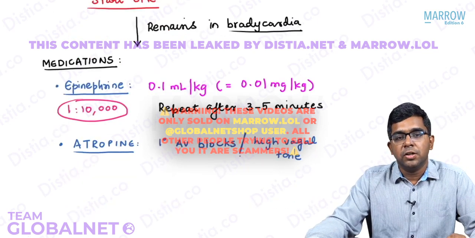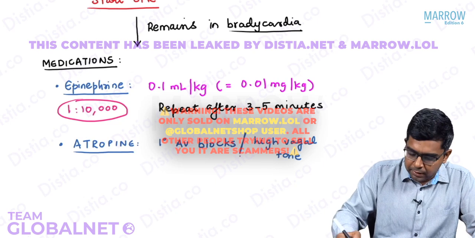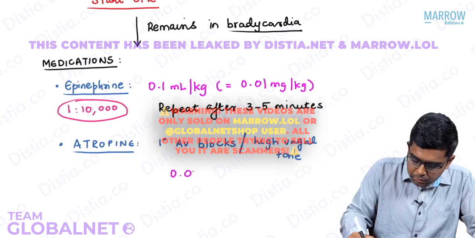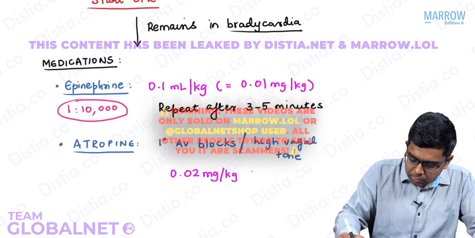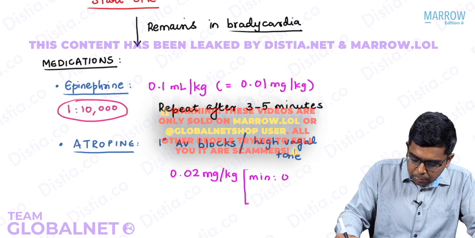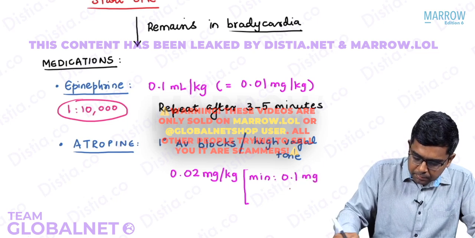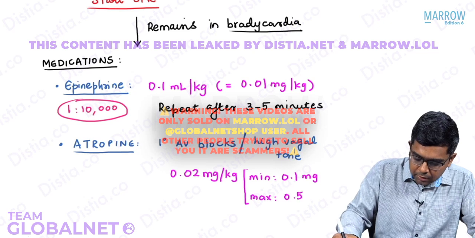These are the conditions where you prefer atropine over adrenaline or epinephrine. The usual dosage of atropine is 0.02 milligrams per kilogram. Please note some important points here. The minimum dose has to be 0.1 milligram and the maximum dose is 0.5 milligrams.